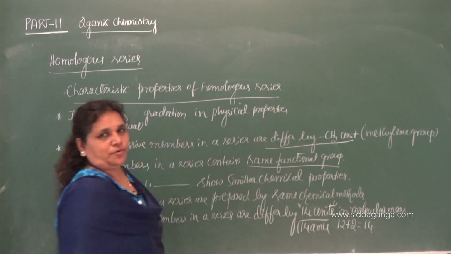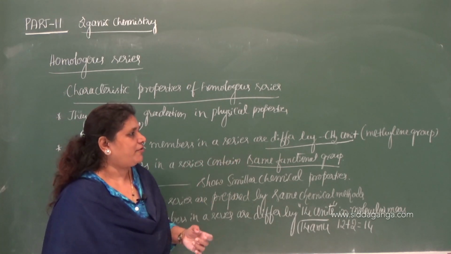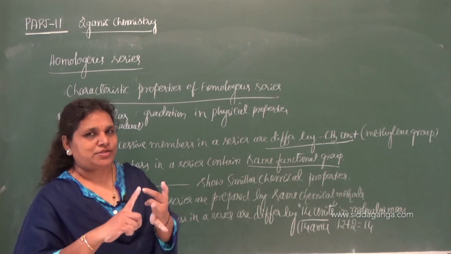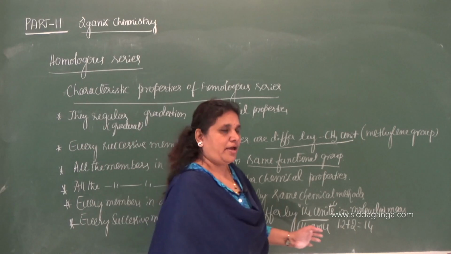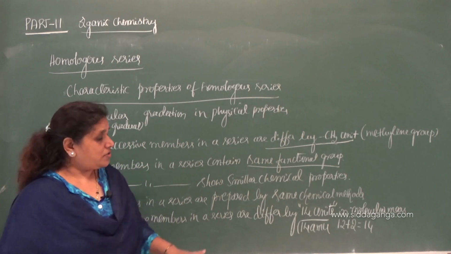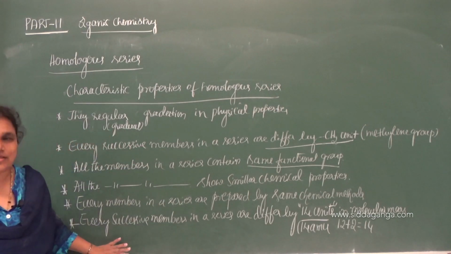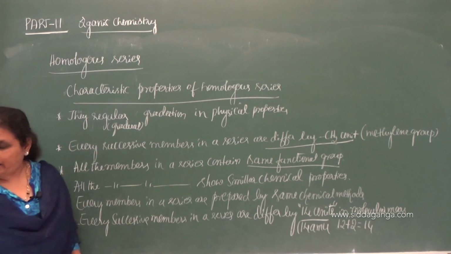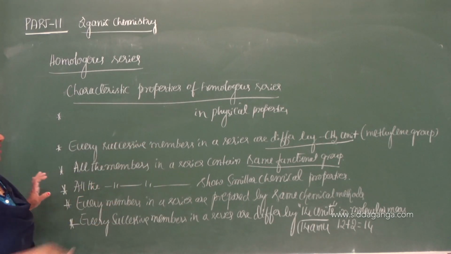So, one of the important properties of homologous series is that every successive member in a series differs by CH2 unit. So, constant increase in 1 carbon and 2 hydrogen atoms. So that every successive member differs by 14 atomic mass units in molecular mass. So there is a constant increase in the molecular mass of every successive member. Because of that reason, they show regular gradation in physical properties.